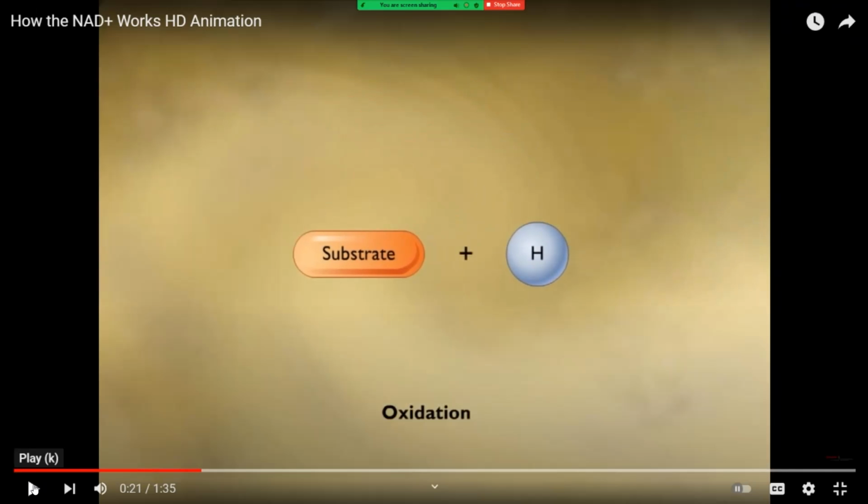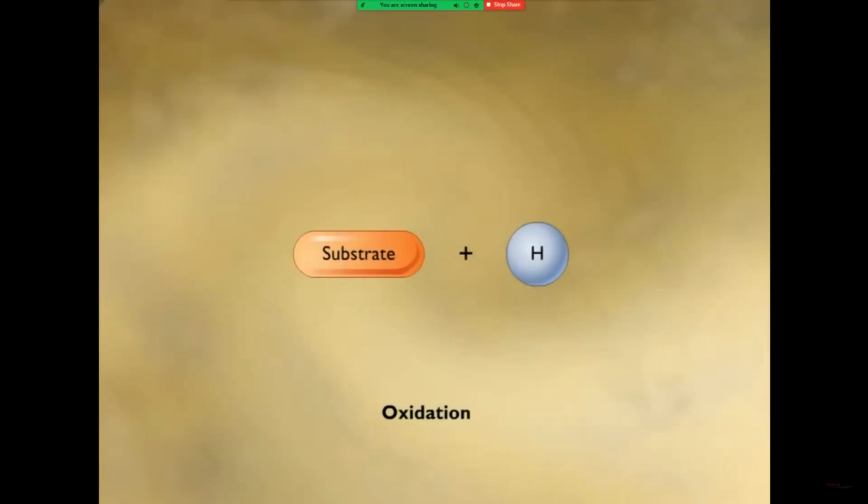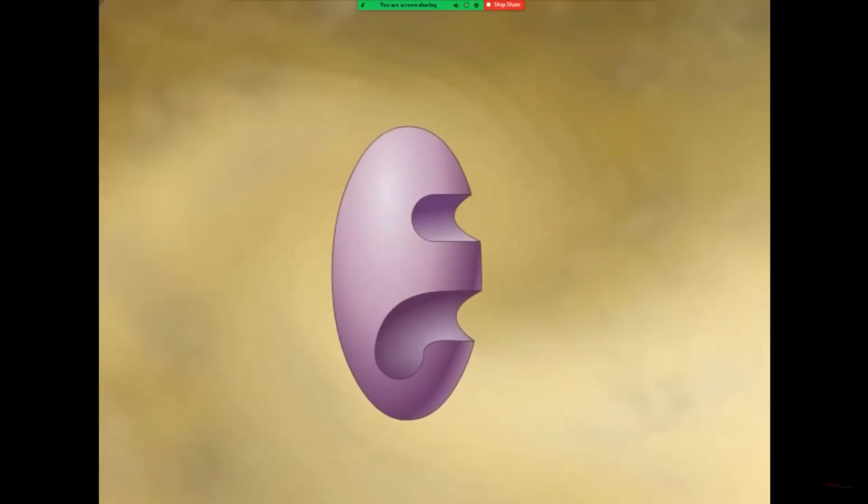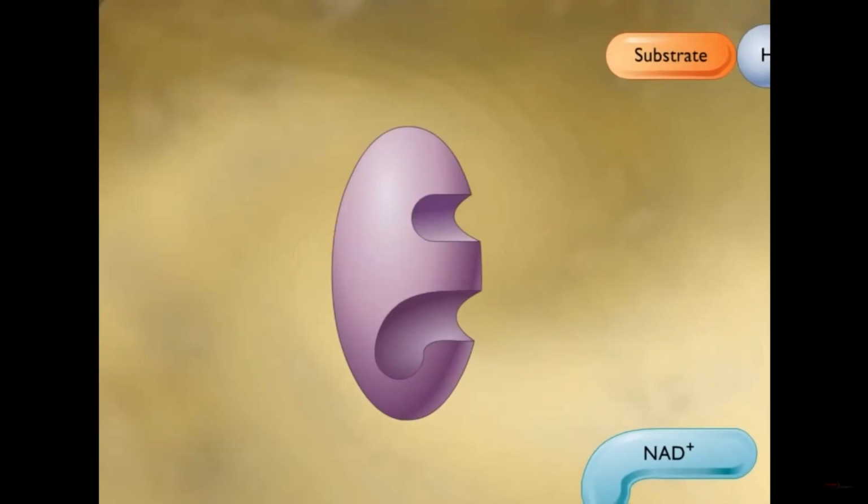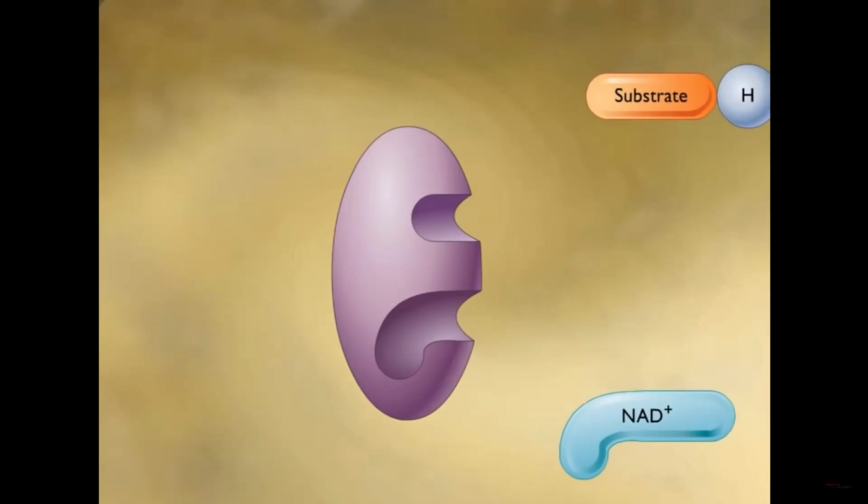Since a hydrogen consists of a proton and an electron, both are removed during oxidation. Whenever a molecule is oxidized, hydrogens removed, another molecule must be reduced, hydrogens added to it.